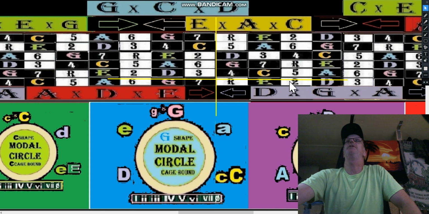So we're going to have a G minor shaped D minor right there. That should be 2, 4, 6, 2 right there. There's our 2, 4, 6 right there.